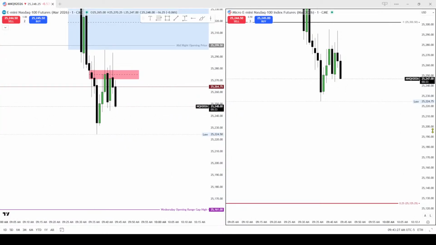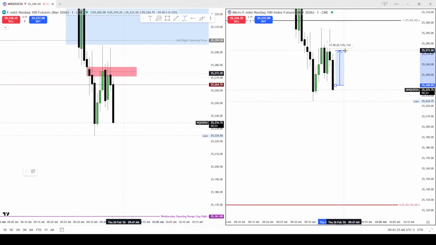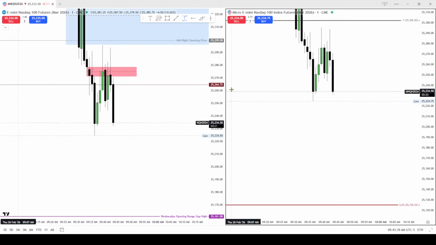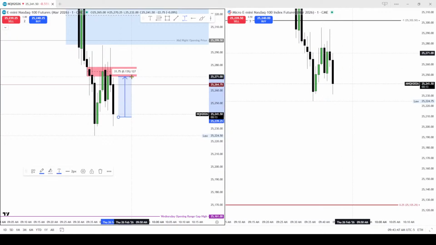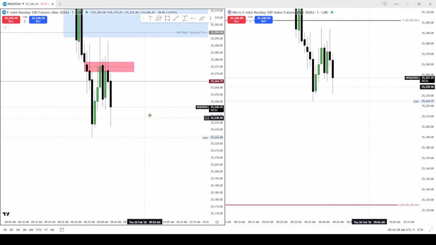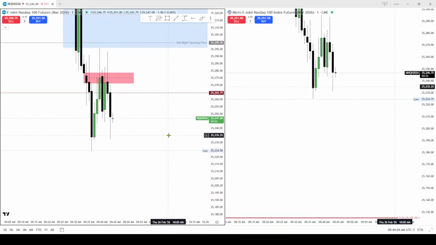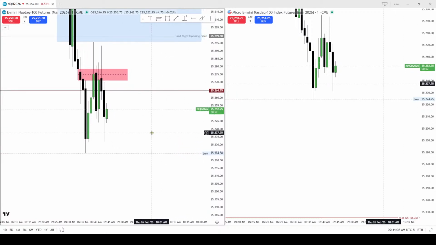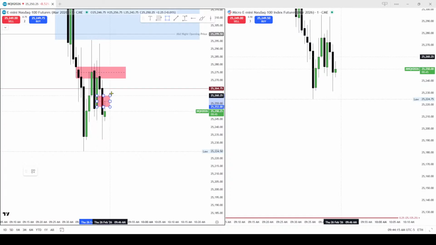We also didn't have a first presented fair value gap created as yet. So I'm looking at this up close candle, this candle right here, seeing if it will act as an order block to send price lower.